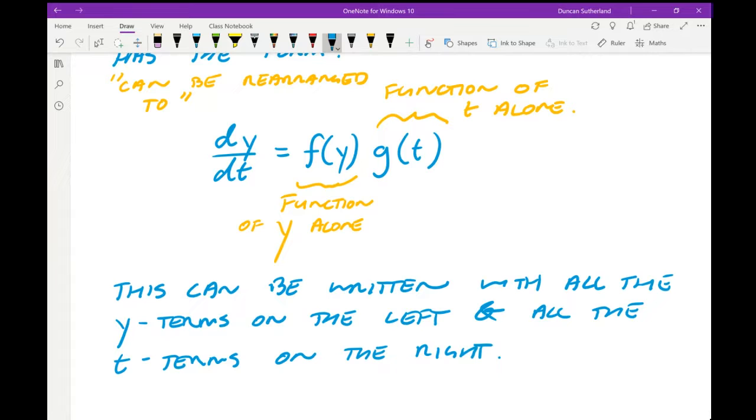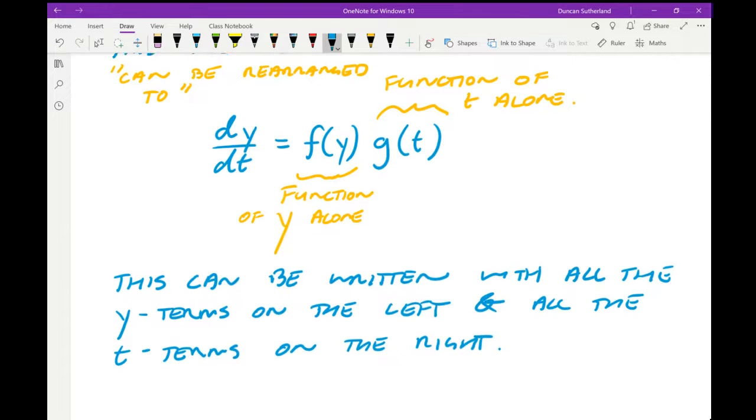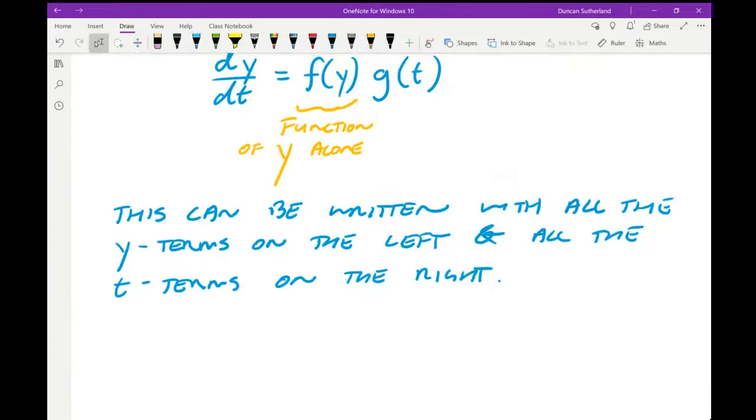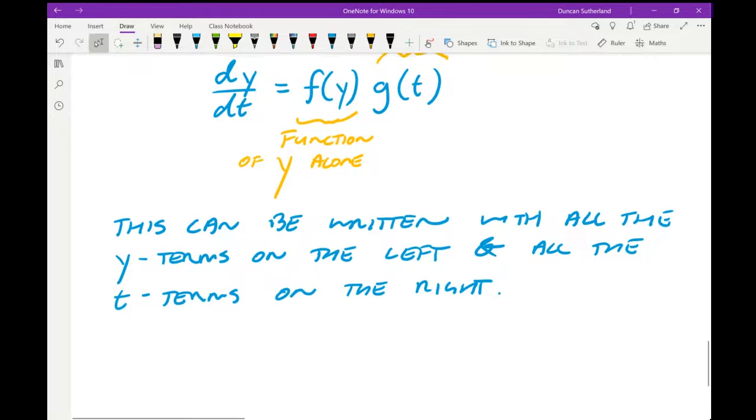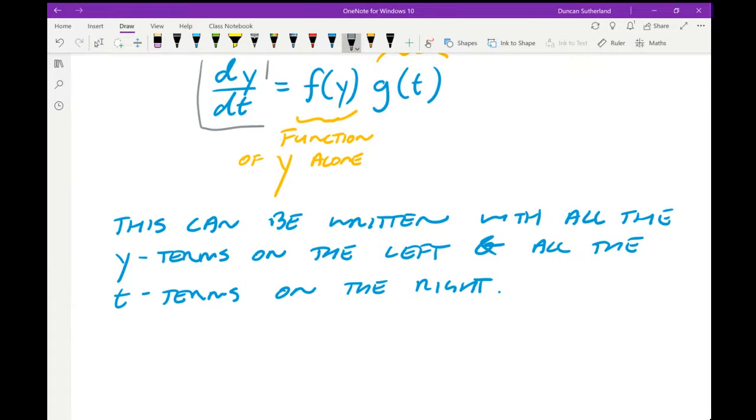Now, some people that have seen a bit of calculus in high school might be a bit grumpy about what I'm going to do next. I'm going to treat this derivative term as a fraction. Typically you're taught that this thing is unsplittable.